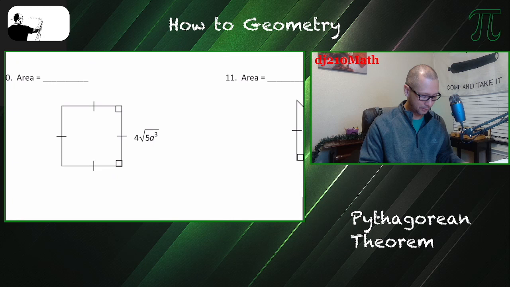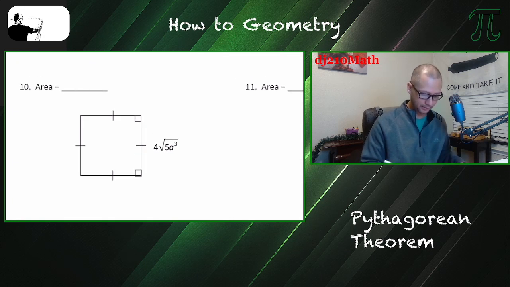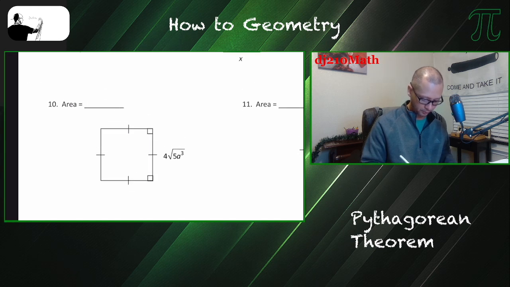Okay, area problems. These are always fun. So area, this is a perfect square. 4 right angles. All 4 sides are congruent, so this is a square. Area is length times width. So let's do 4 root 5 a cubed times 4 root 5 a cubed.